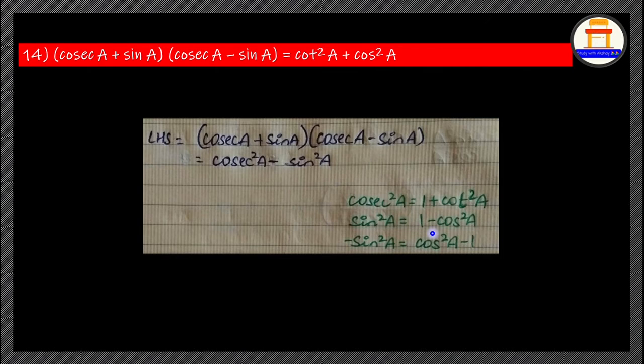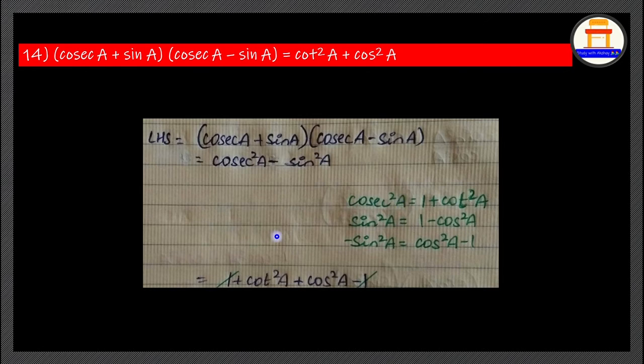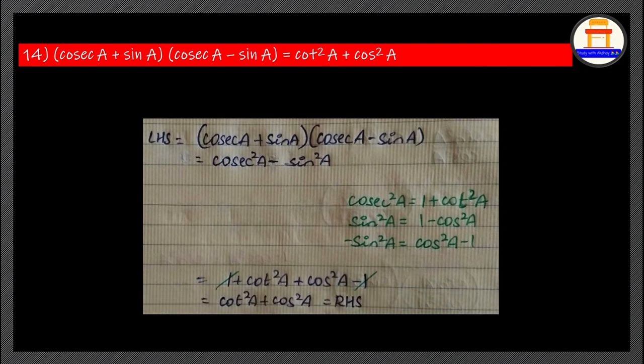Next, sine square A, we all are aware, is 1 minus cos square A. Here it is minus sine square A, so minus sine square A will be cos square A minus 1. Write them down, and then plus 1 and minus 1 become 0. I have cancelled them. So we have arrived at the result cot square A plus cos square A, which is the expected result at our RHS.